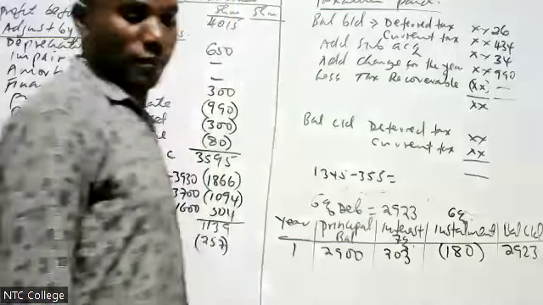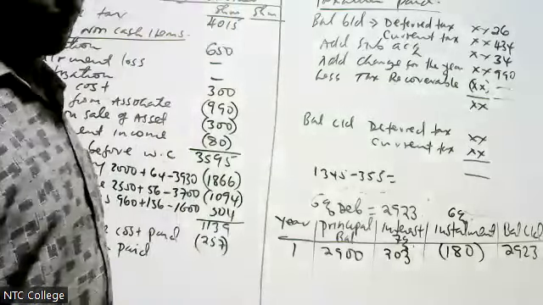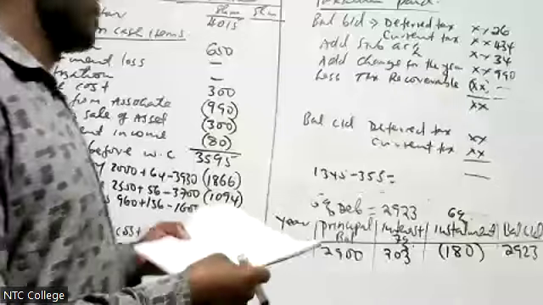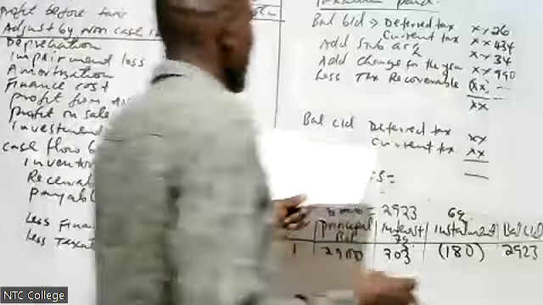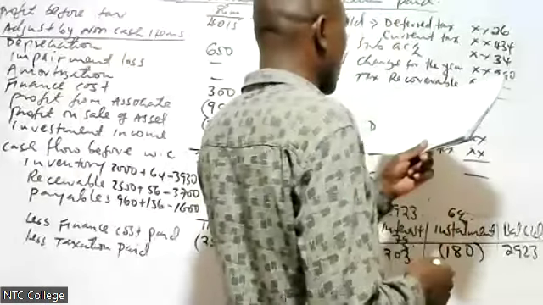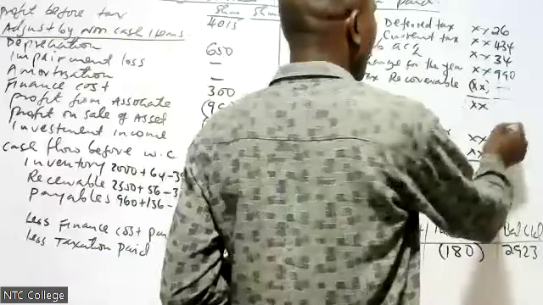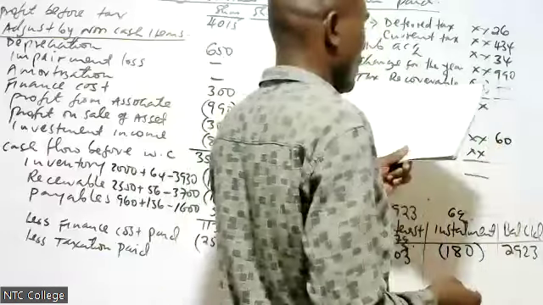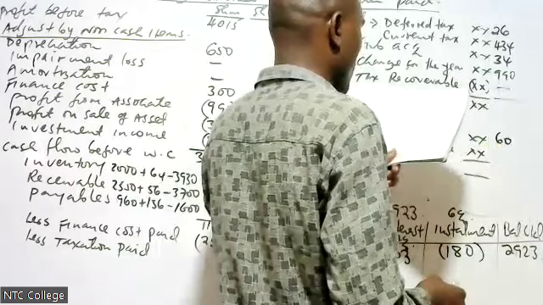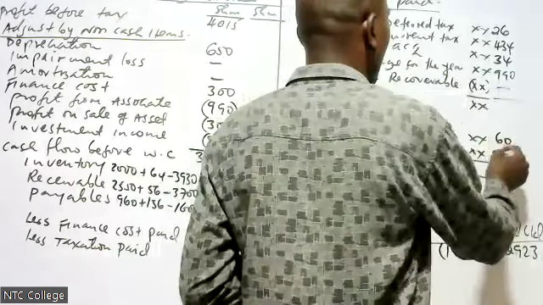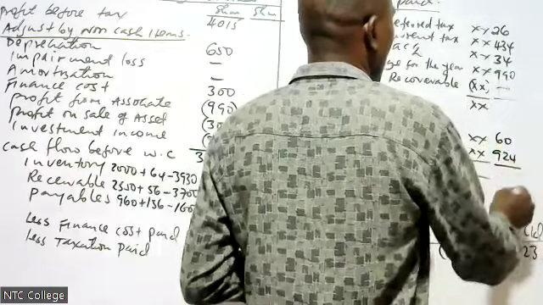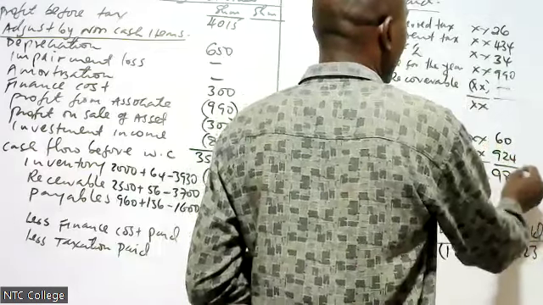Recoverable is nothing there. Then balance carried down. We have 60 deferred tax. Then we have 924. Total is 984 there.